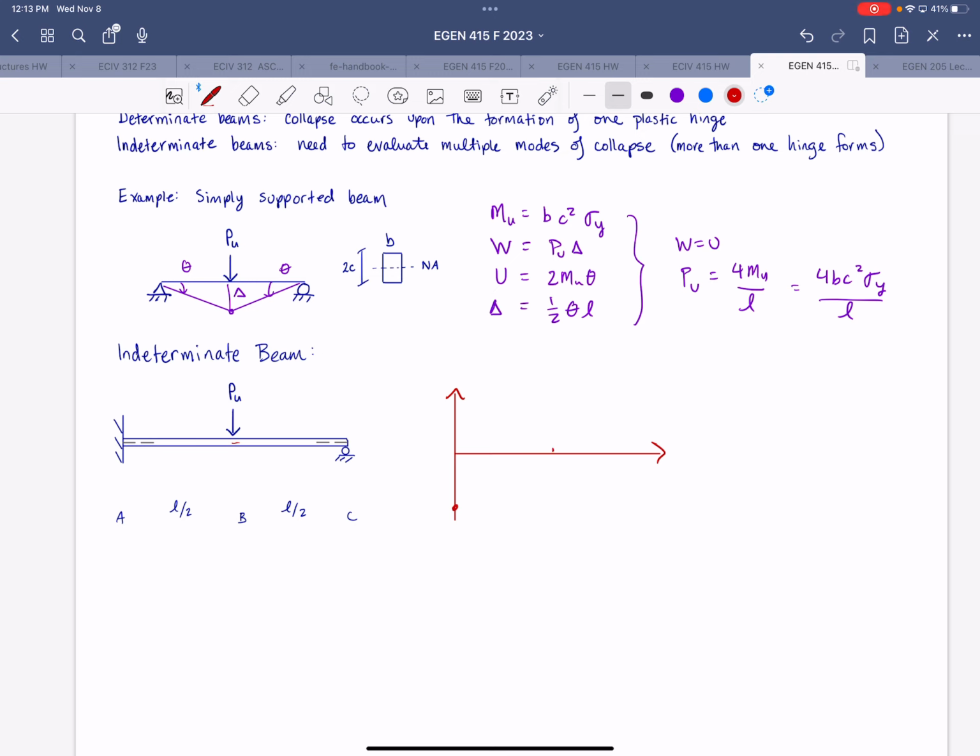We'll mark that as B and that as C. At B, you're going to have a positive moment, and no moment at C because it's the roller support at the end of the beam. So that's your MA, that's your MB. Here, the moment at A is greater in magnitude than the moment at B.